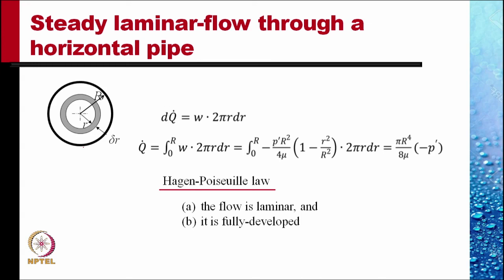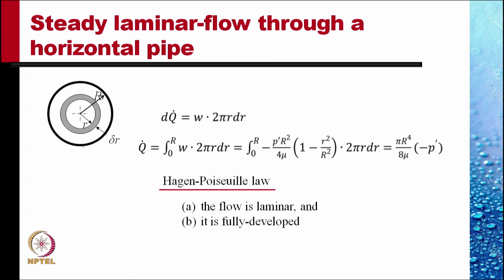This is known as the Hagen-Poiseuille law. We have assumed the flow to be laminar and fully developed. Fully developed is an assumption we made explicitly.